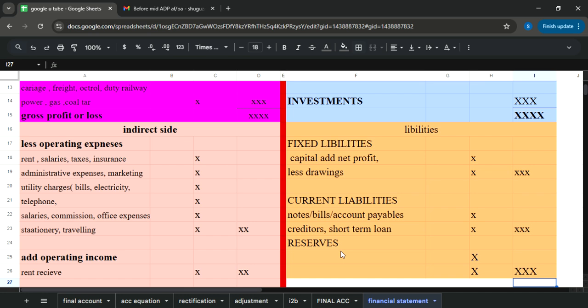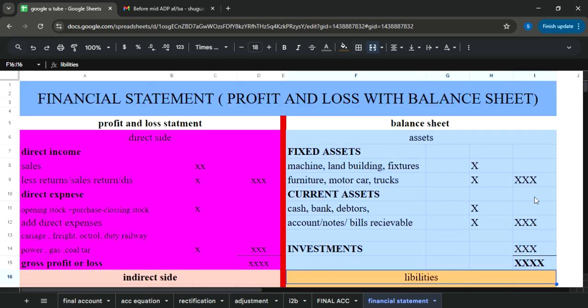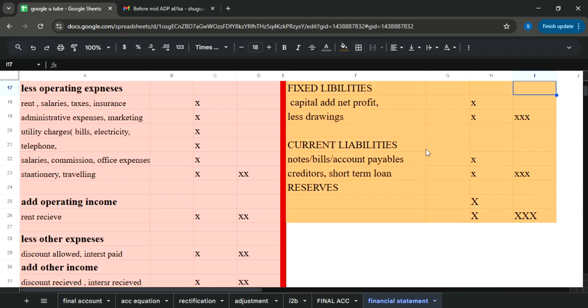You can see that there were three totals: total of fixed asset, total of current asset, total of investment, and grand total of these three elements would be total asset. In the similar way, you will have sum of all fixed liabilities, sum of all current liabilities, sum of all reserves. You will have three sums over here.